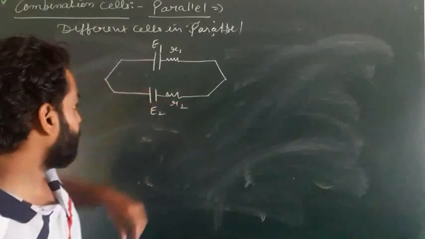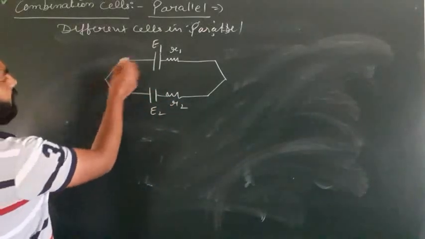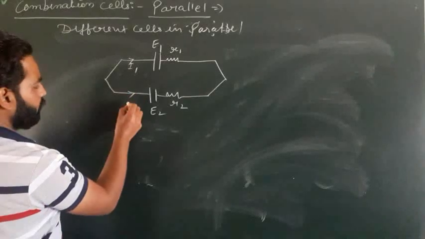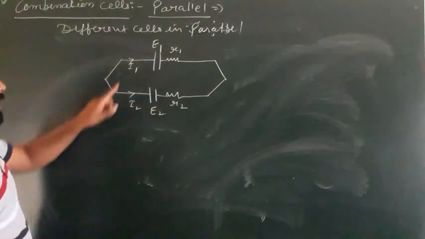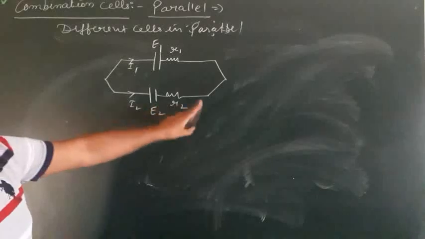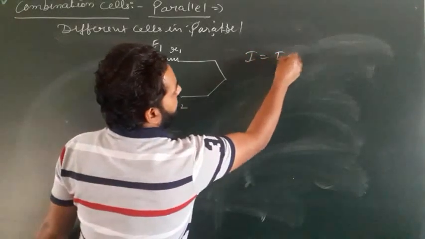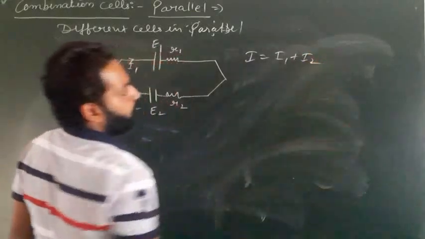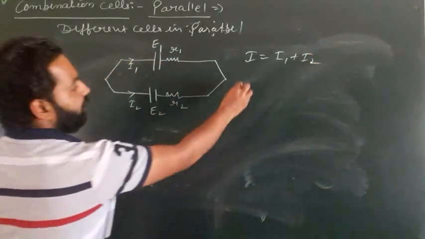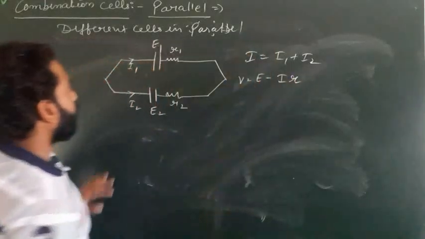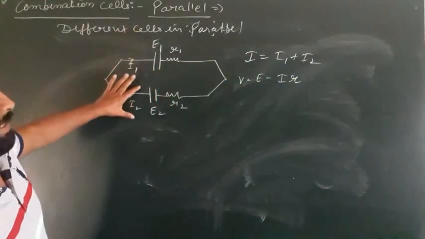So first of all, let I1 be the current flowing through the first cell and I2 be the current flowing through the second cell. Now we know that for a parallel combination, I is equal to I1 plus I2. We have a relation that V is equal to E minus IR. Now implement it on the first cell and also on the second cell.